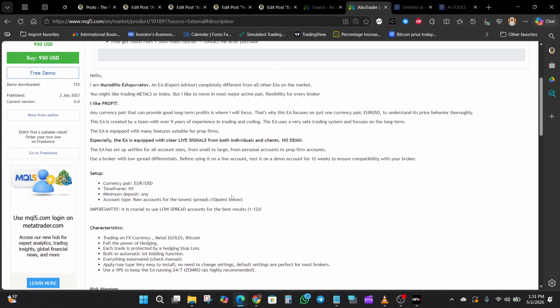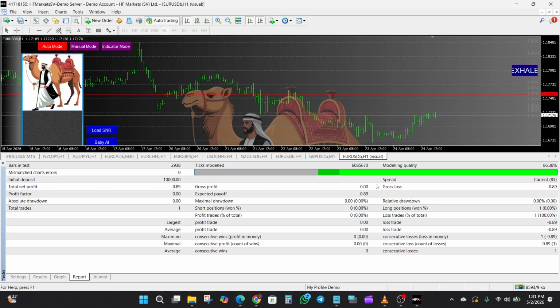So if you desire to see a more comprehensive result, maybe you want to know how the EA performed over the past year or the past 2 years, feel free to just go ahead to your MT4 and run the backtest over a longer period of time, so that you can get a more comprehensive result. But remember that these are historical backtest results, so they are not a guarantee of future performance.